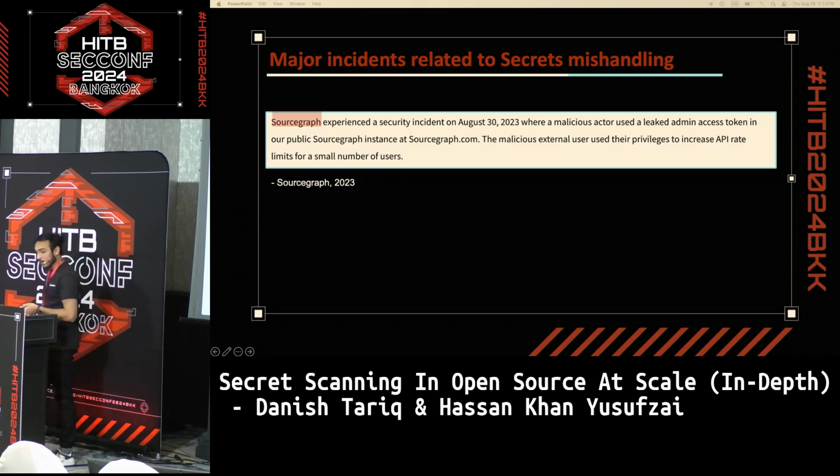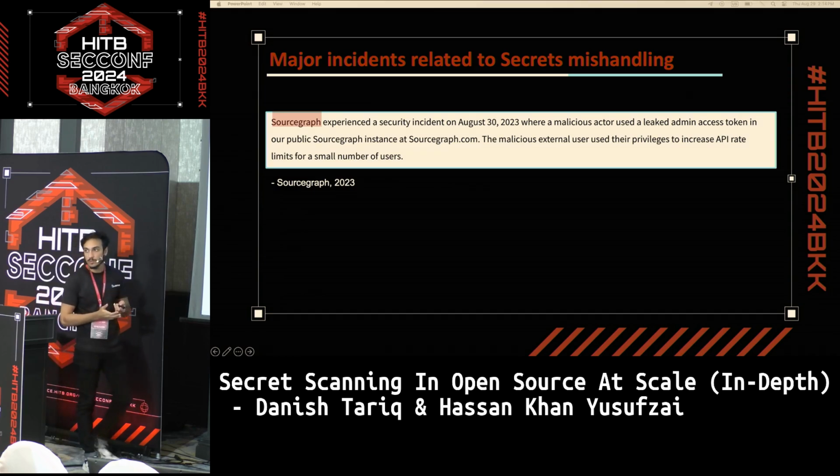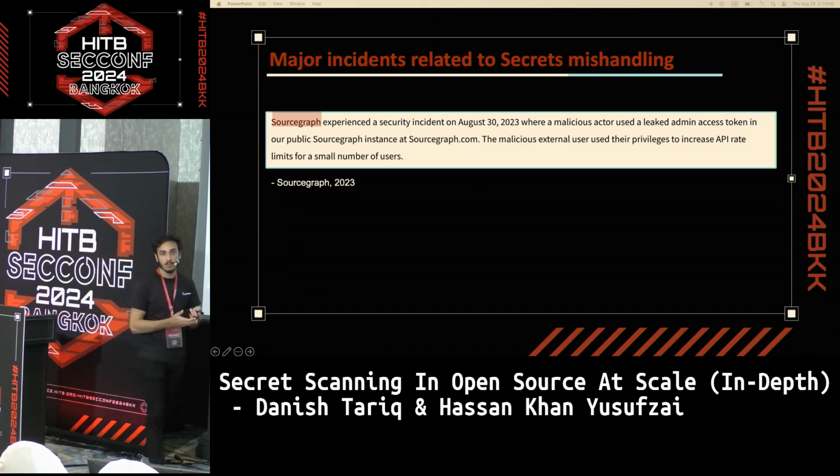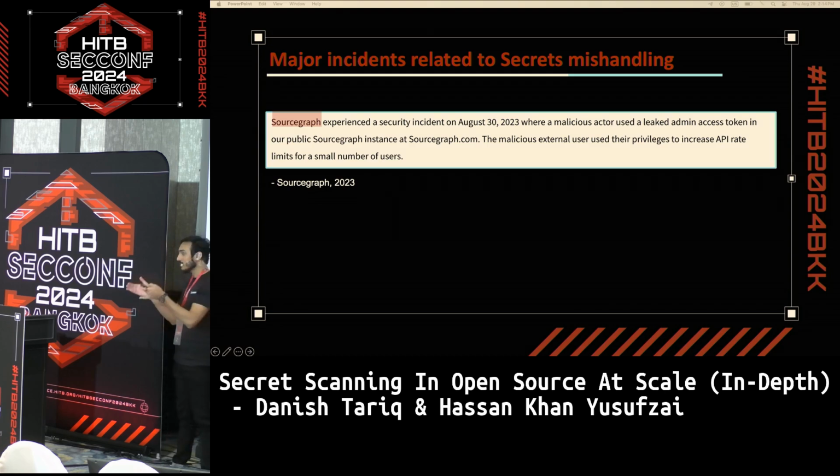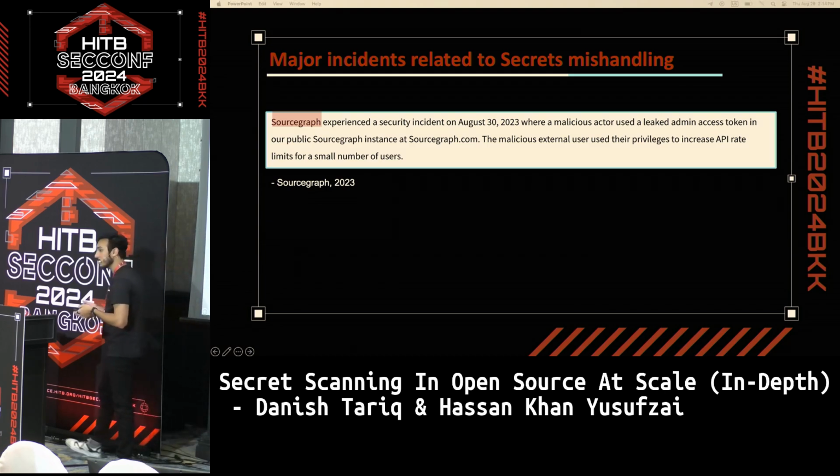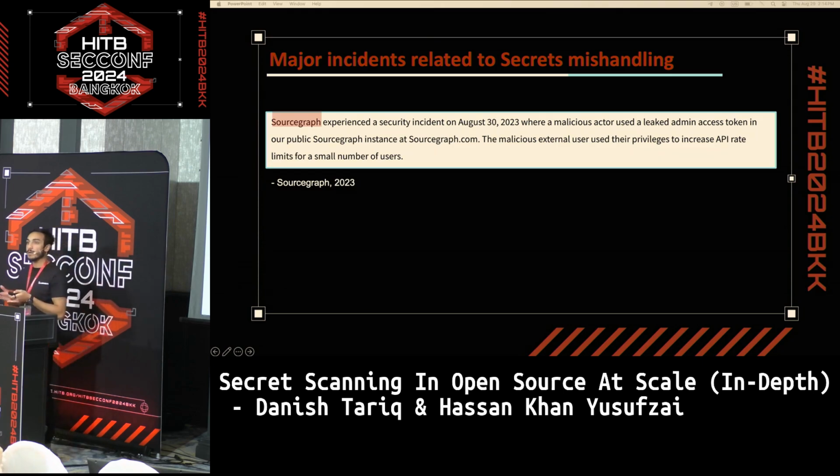So this is the impact of the leakage of the secret. More incidents. Sourcegraph also had a breach in 2023, and this happened just because of a secret. So when we are talking about secret leakage, we are not only talking about a single source, right? We are not only talking about .env files. As in these major incidents, you can see these could have happened through multiple sources.